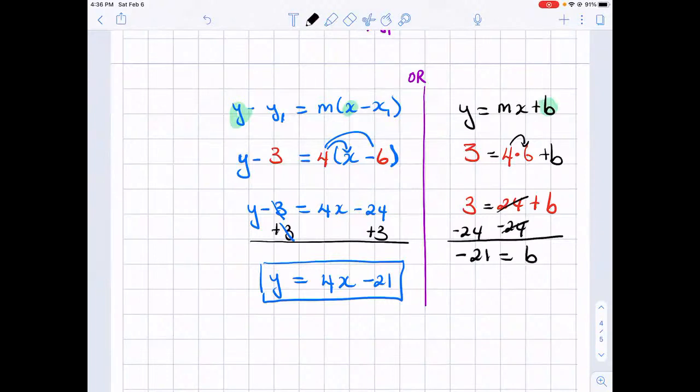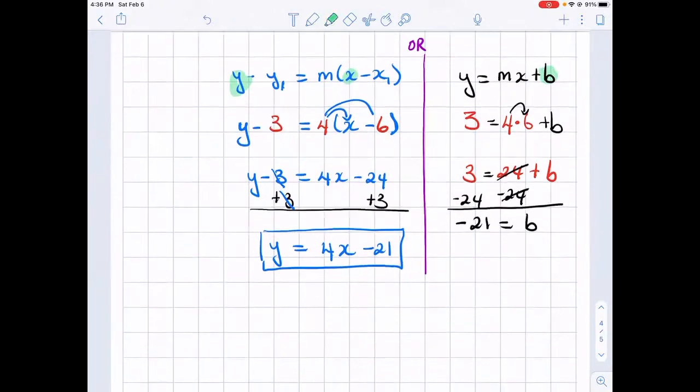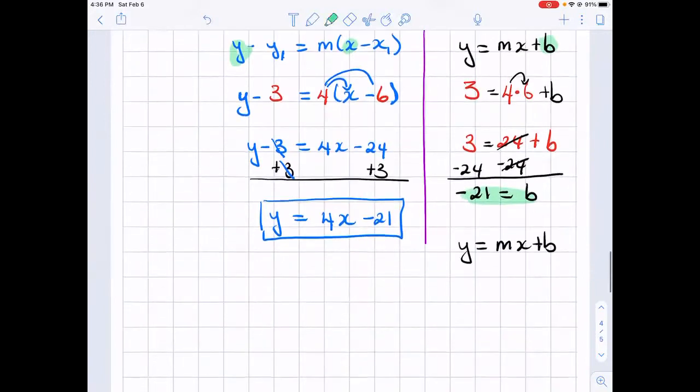Now we have b, we will use the slope-intercept y equal mx plus b. We will now replace m and b that we found. So the equation is y equal, m was 4, x, and b is minus 21.